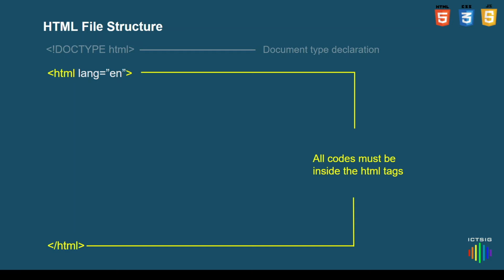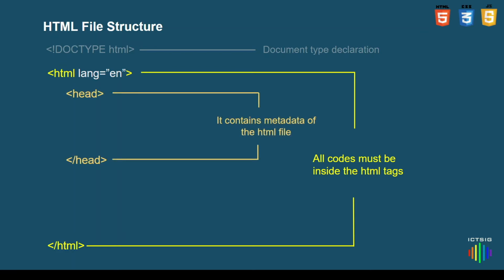Okay, inside the HTML file, there are two essential, compulsory elements you must have. One of them is called the head. The head element contains all the metadata of the HTML file. So what is that metadata? Metadata generally refers to data or information related to this particular file, especially your website, what it does, and all those things.